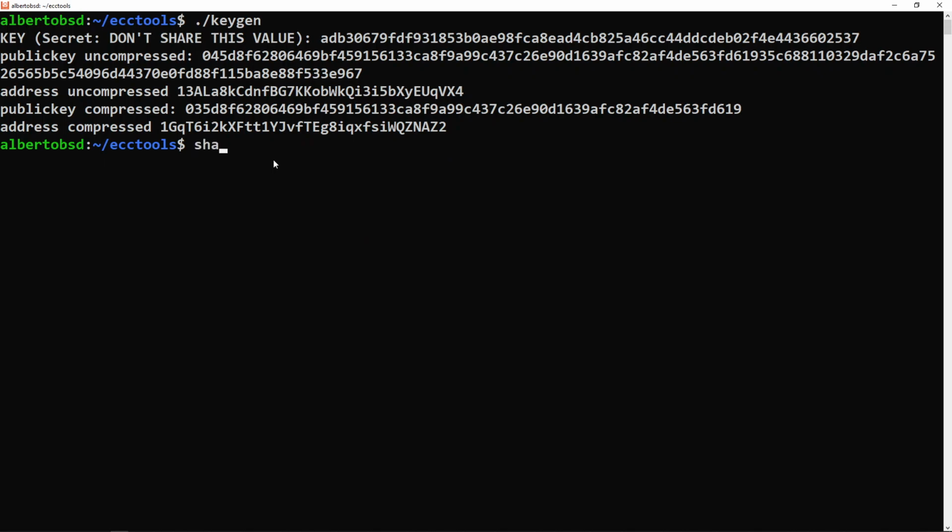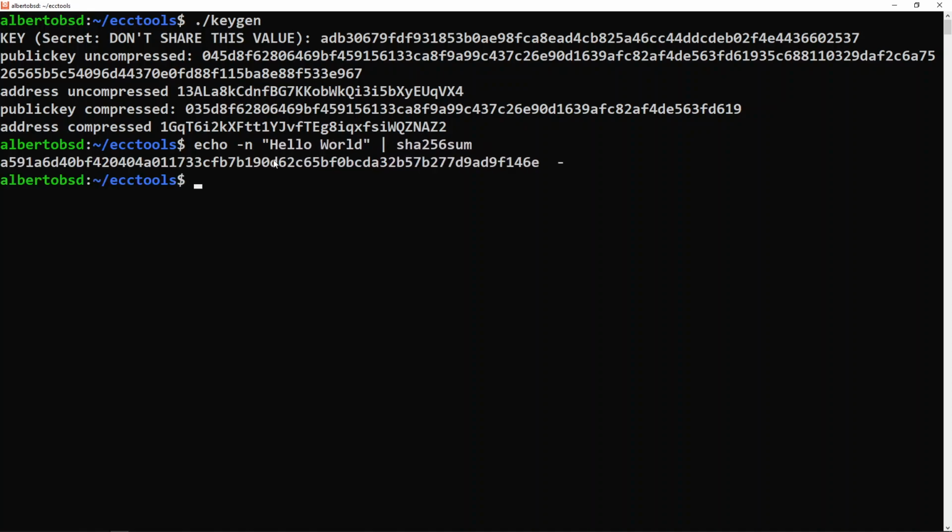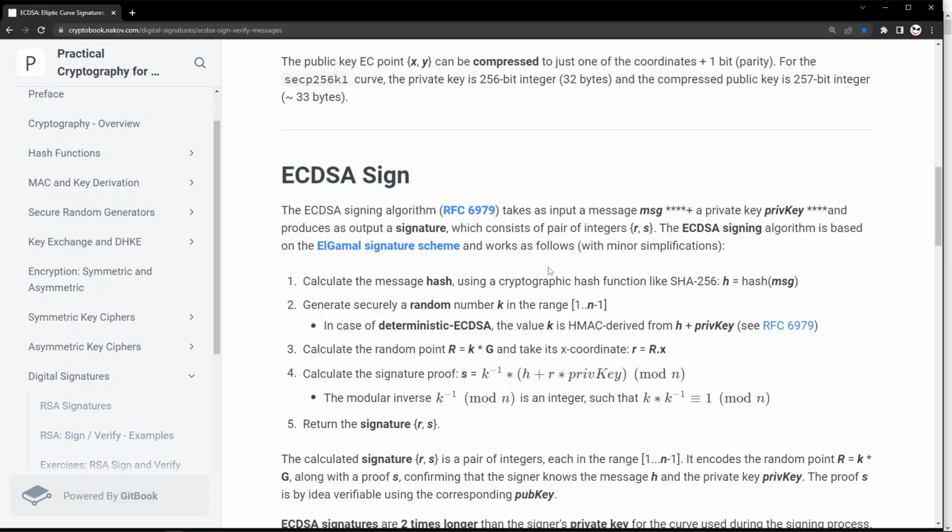Let's use SHA-256: echo hello world with minus n. Let's check.